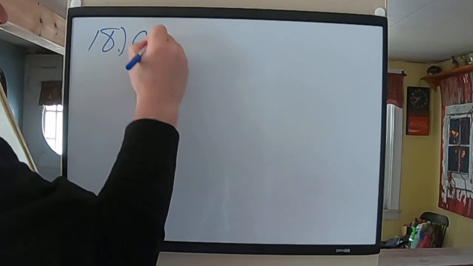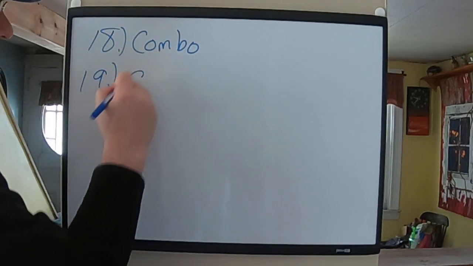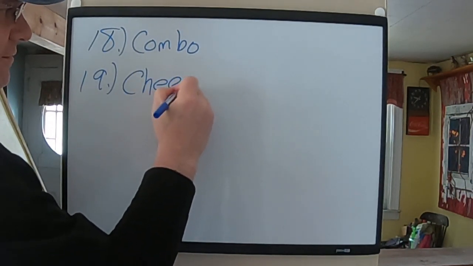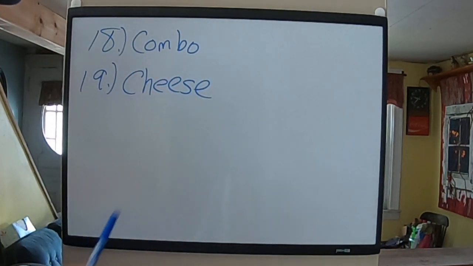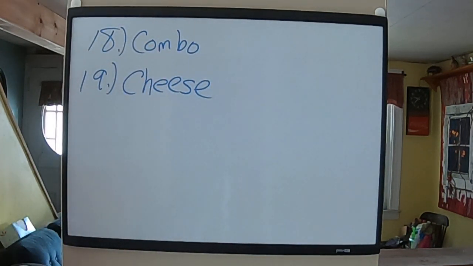So if you had to figure out these values, the pizza that costs the most is going to be the combo pizza. The pizza that costs the least is the cheese, because the sausage is between these two. This is more expensive. This is less expensive than the cheese pizza, the sausage pizza.